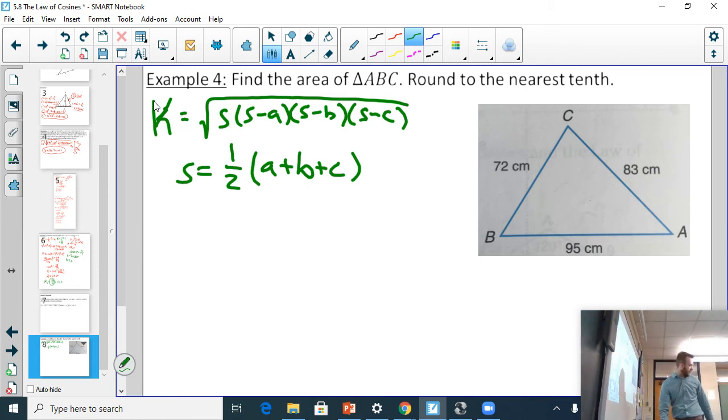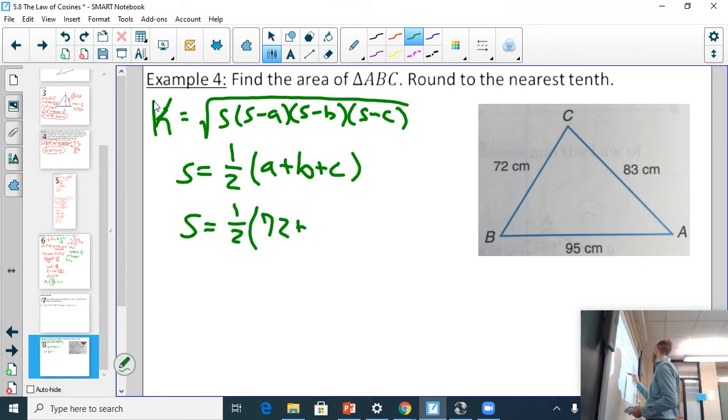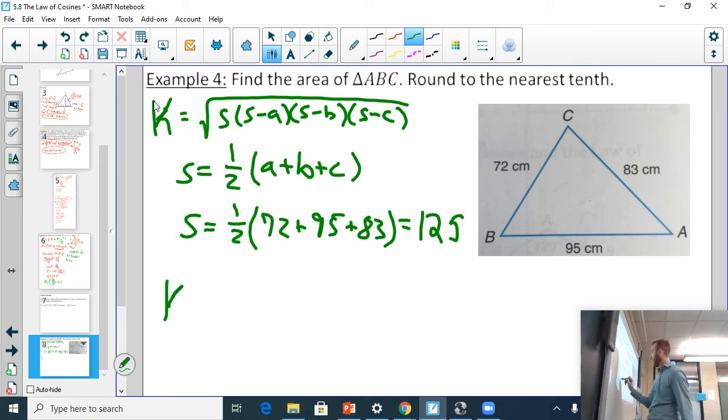And so let's just find what S is first. S is going to equal 1/2 of 72 plus 95 plus 83. So 72 plus 95 plus 83, divide that by 2, we're going to get 125. So we found S, and now we can just write in this formula.